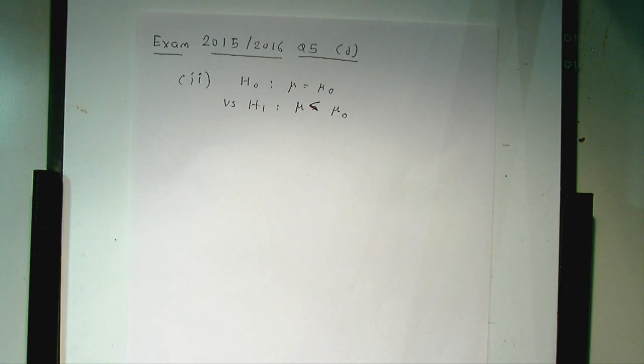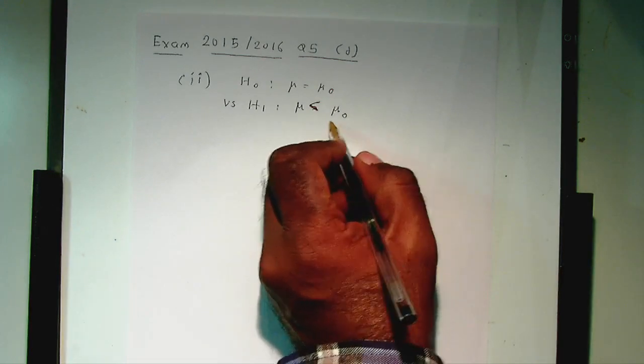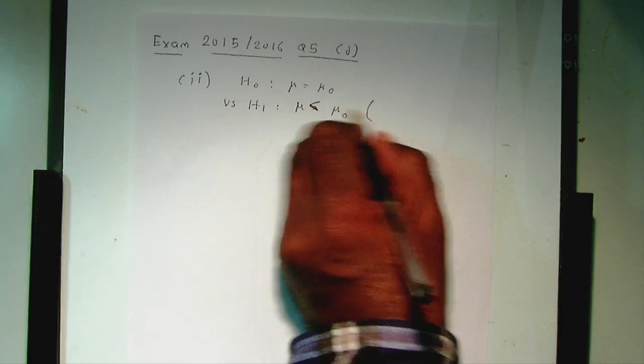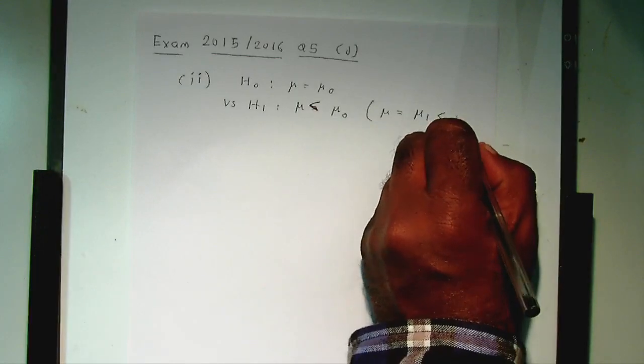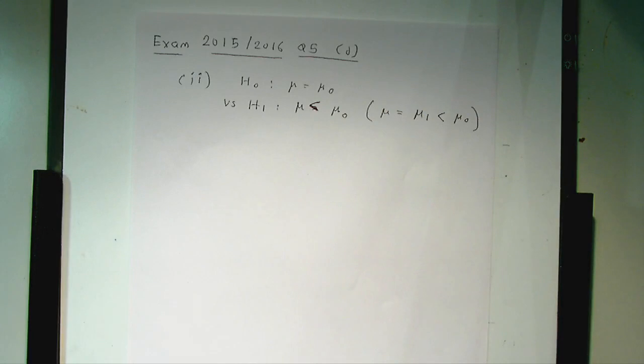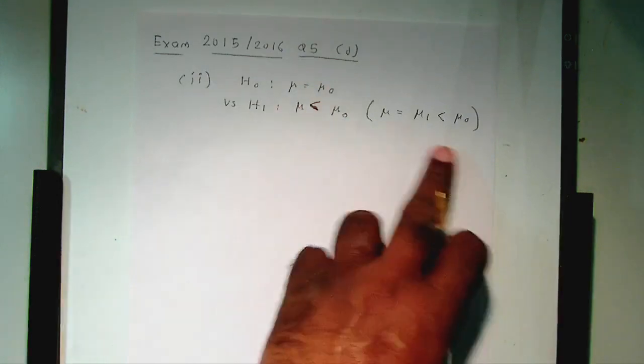Now, in order to apply the Neyman-Pearson lemma, I'm going to rewrite it like this. I'm going to rewrite this as mu equal to mu1 less than mu0, right? Because otherwise, you cannot apply the NP lemma without a simple hypothesis. So I'm writing this as a simple hypothesis.